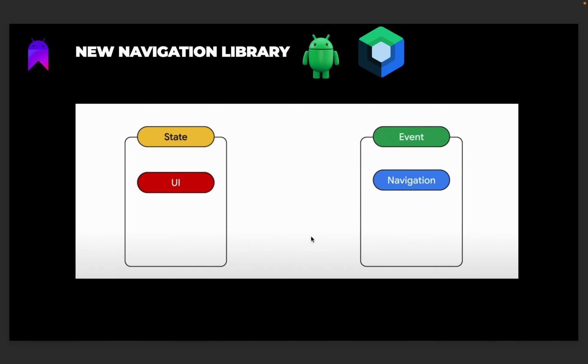Let me give you one example here. In this approach, let's say user is trying to click on any button in the UI and UI data is updated with the updated state. But at the same time, we were triggering one event like button clicked and we were sending that event to our navigation.